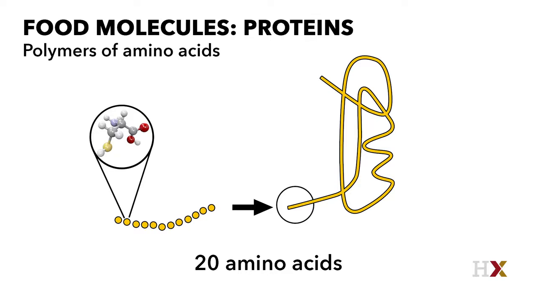And these 20 amino acids, these 20 monomers, themselves have different physical properties. Some of them dissolve in water, some of them don't dissolve in water. Some of them have electric charge, some of them don't have electric charge. And as we go through this class, we will start to see how the different components of proteins give rise to the transformations that occur when we cook them.